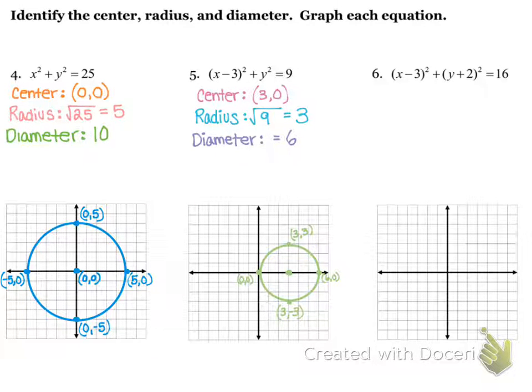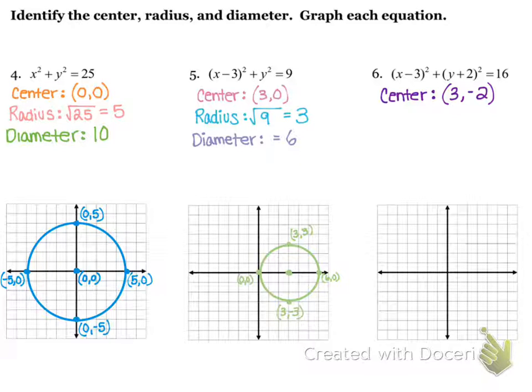Okay, and then for number 6, we are going to have a center, taking it from the equation, (h, k) of (3, negative 2), because this plus came about because we plugged in a negative 2 value behind a minus sign.